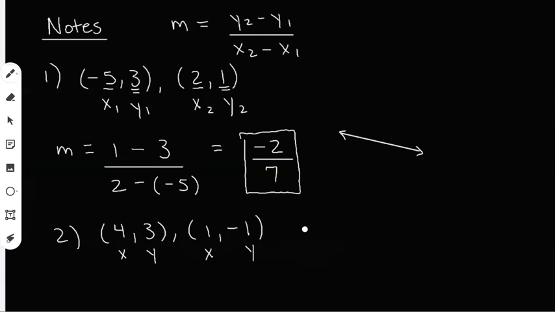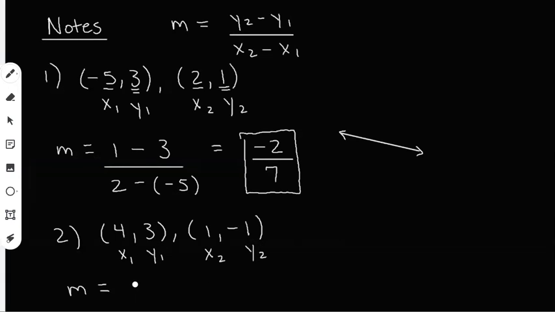My first ordered pair is going to be 4 comma 3. So these are going to get 1s. But these are going to get 2s, since this is my second ordered pair. So now that I know what all the variables are, I can just plug in the numbers into my formula. So we're going to do y2 minus y1 on top.